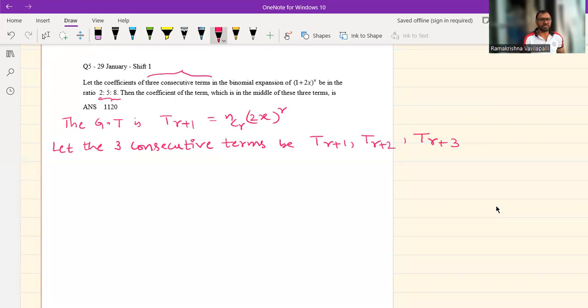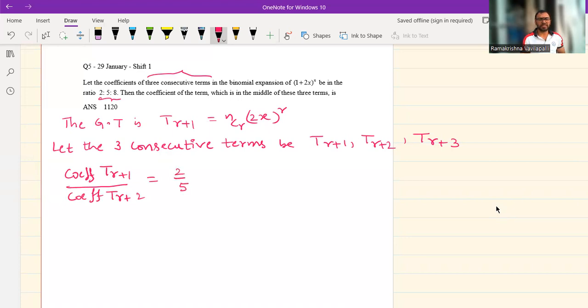So here the coefficient of T(r+1) divided by the coefficient of T(r+2) is given as 2/5.